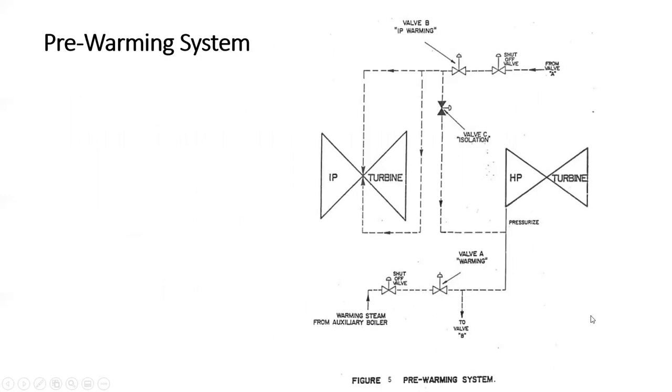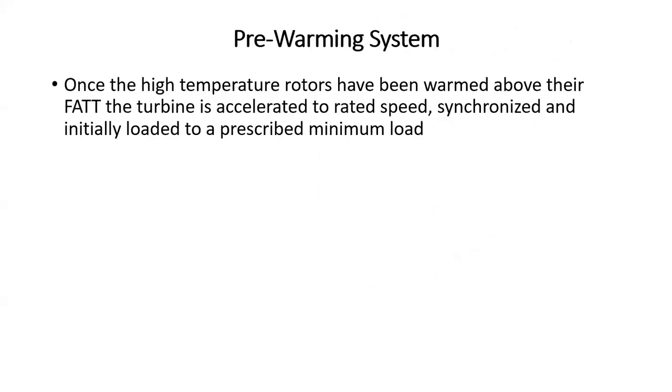This is warming valve V, so then this line connects in over here, and so we can put steam in here. So I guess if we're going to put it in here, we don't have to put it in there, so this would be shut, this would be open. We would open this, and then we can feed it down here and here and put it in here and then let it come out the drain valves. So anyway, that's what the pre-warming system is about.